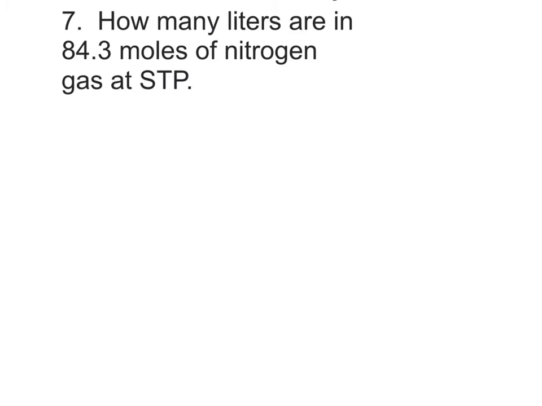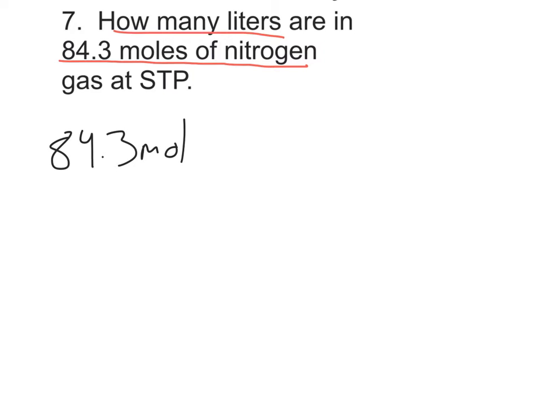So again, I'm going to look through and I'm going to find two things. I'm going to find the number they give me, in this case 84.3 moles of nitrogen, and then the unit they want, and they want liters. So here I go. That number they gave me goes out front, 84.3 moles of nitrogen times, and I give myself a fraction line.